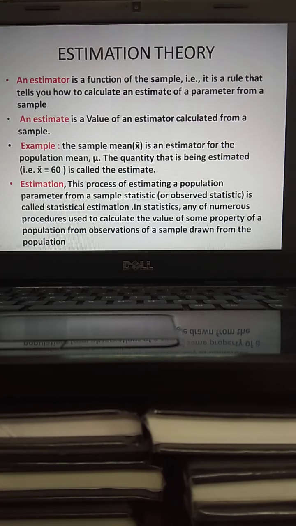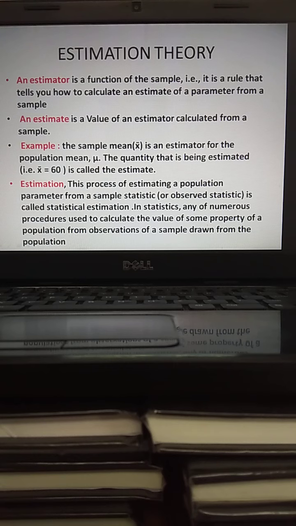Besides that, we are going to cover a few more important definitions. Till now we came to know what inferential statistics means. Inferential statistics is nothing but inferring about the population, understanding about the population. It is divided into two branches.